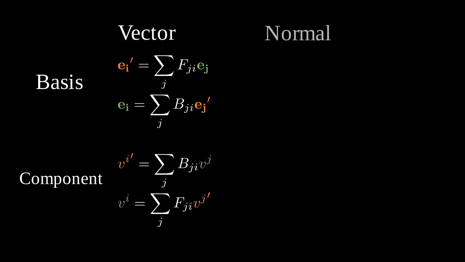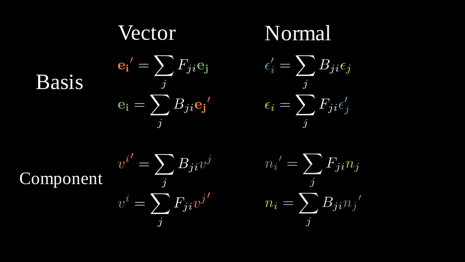You find that the basis normal change is the inverse of the basis vector change, so from old to new, it uses backward matrix B. For new to old, it uses forward matrix F. You find the normal components change uses the inverse matrix of basis normal change. In the notation, when the change follows the forward matrix, you use the subscript.